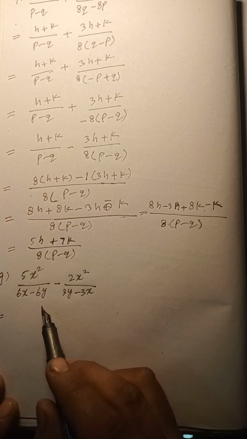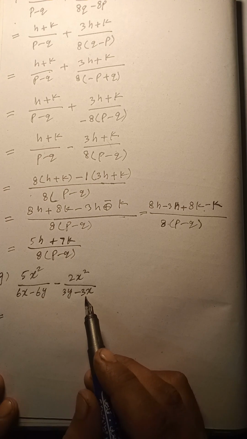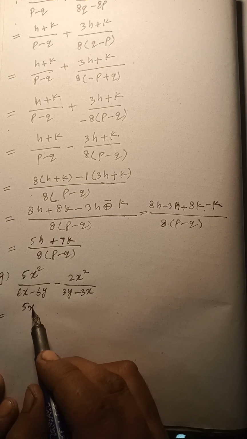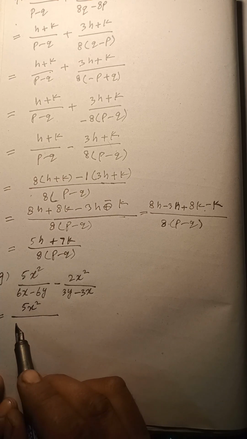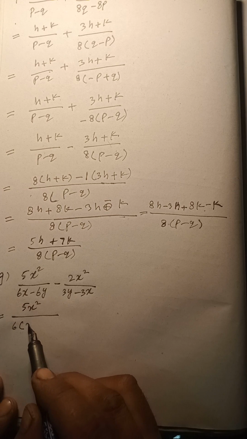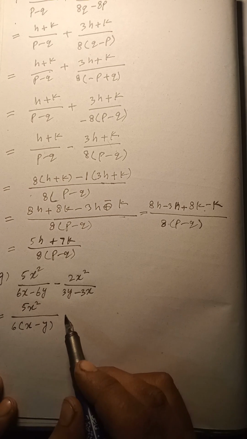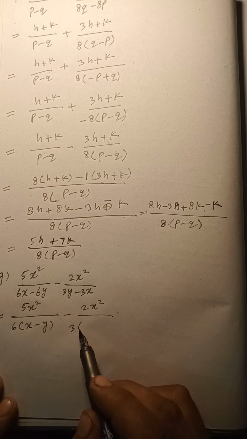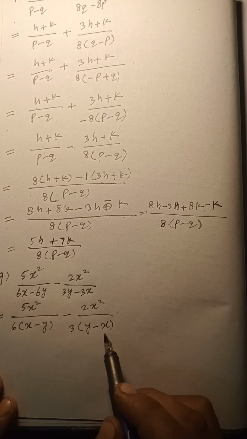See here 6x minus 6y and 3y minus 3x. Both the denominators are different and complex. So simplify it by taking common. 6 can be taken as common, x minus y, and from here 3 can be taken as common, y minus x.